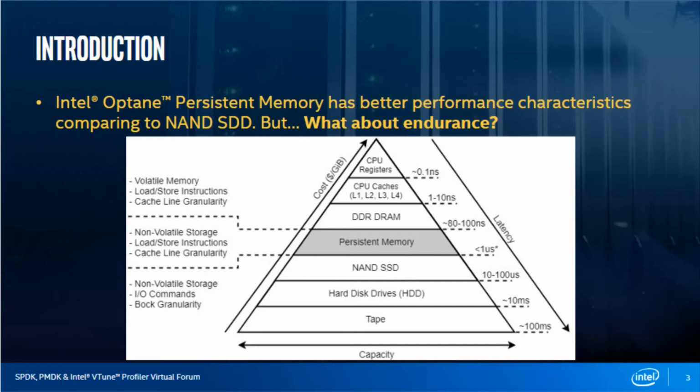And as Piotr and Andy introduced in their talk, persistent memory is a new kind of device which combines characteristics of memory and storage. It's byte addressable like memory, and can be accessed directly by the CPU using load and store instructions. It has cache line granularity access, but also like storage, it's persistent, and the data stored in persistent memory can survive process restarts.